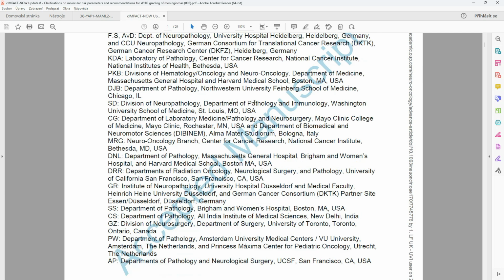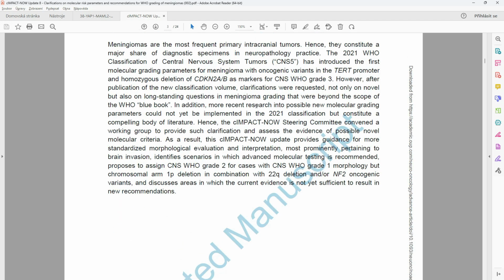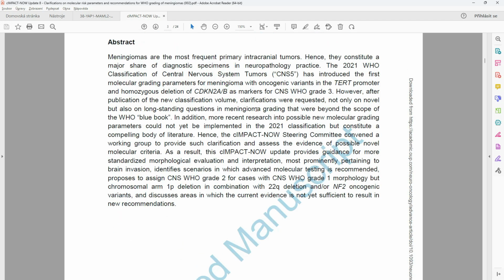So there are some advances in molecular genetics, and there were many attempts in the past to more reliably stratify the risk of meningioma patients. Meningioma is the most frequent primary CNS tumor, so it's quite a problem. So the burden for healthcare is really big.